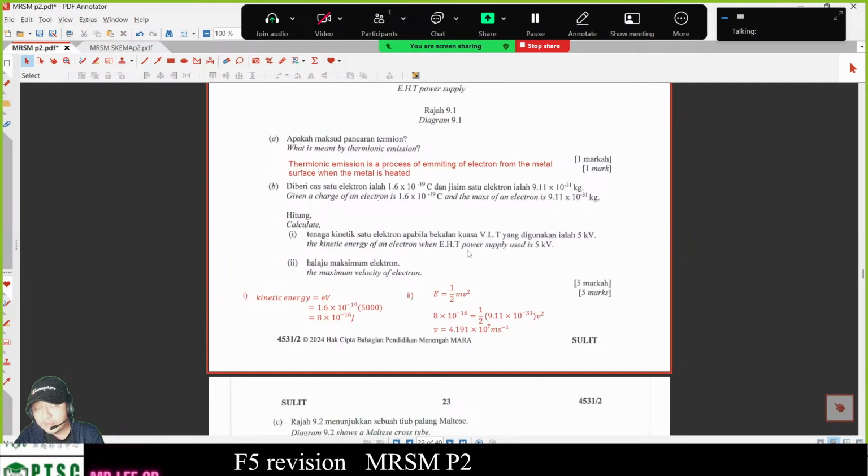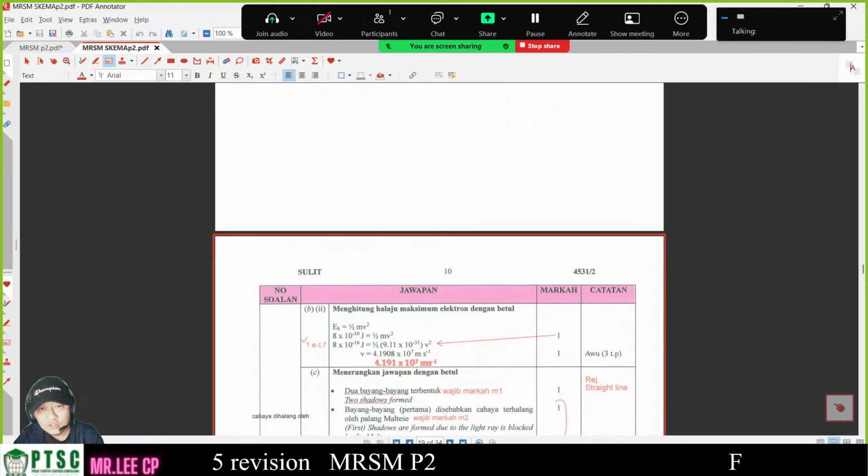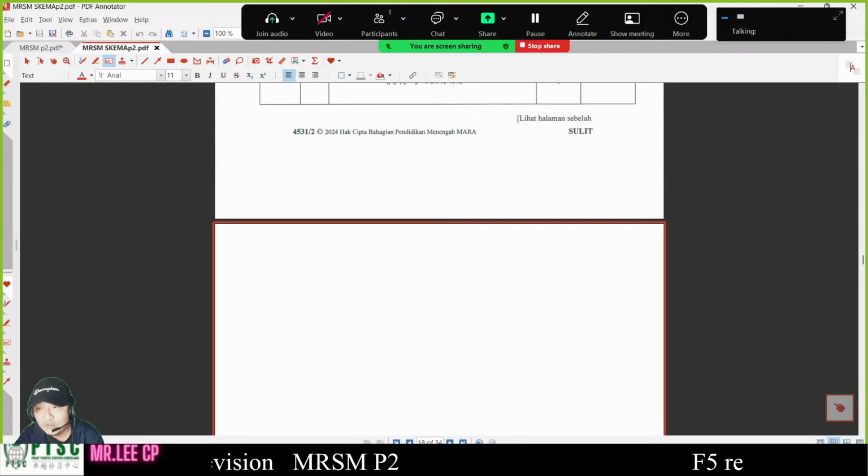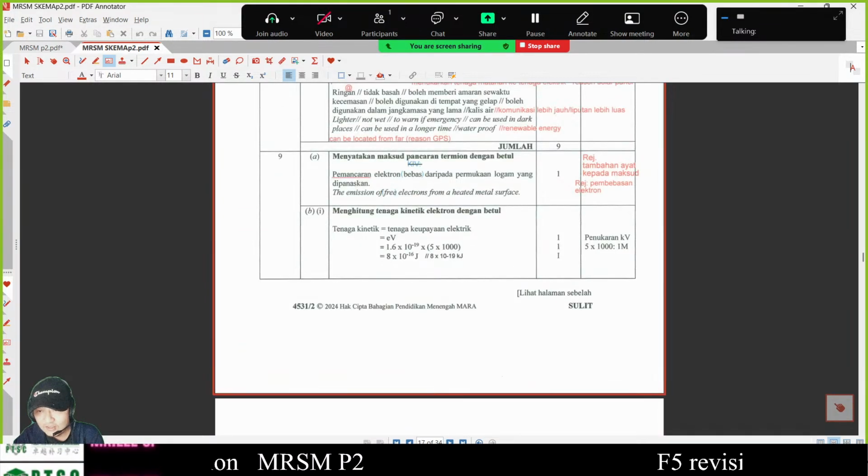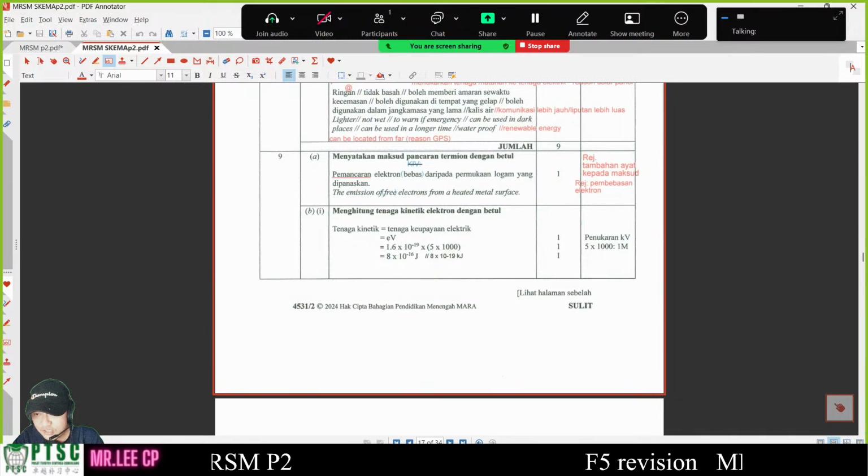All right, so what is thermionic emission? Thermionic emission is the emission of free electrons from the heated metal surface.